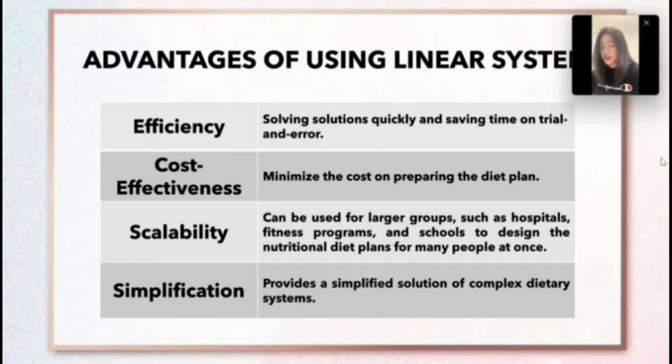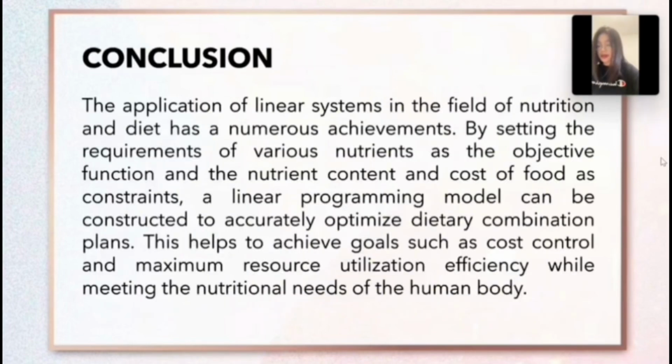Besides, cost effectiveness, scalability, and simplification are also highlights of linear systems. By setting the requirements of various nutrients as the objective function and the nutrient content and cost of food as constraints, a linear programming model can be constructed to accurately optimize dietary combination plans.